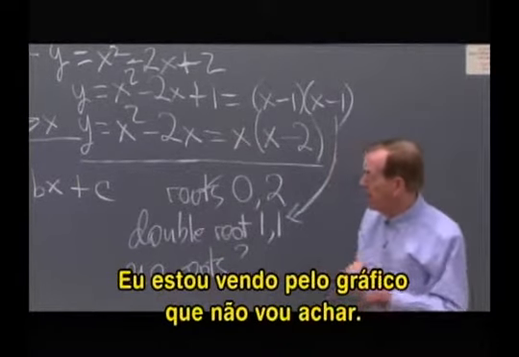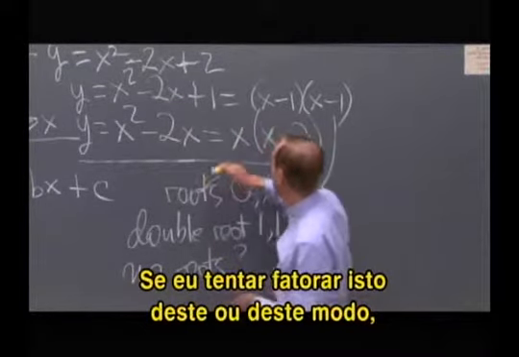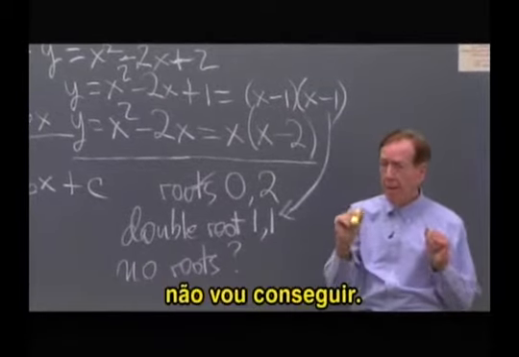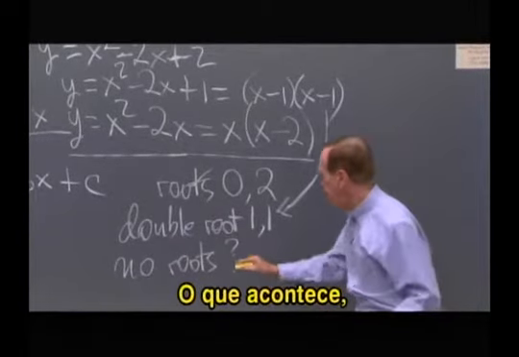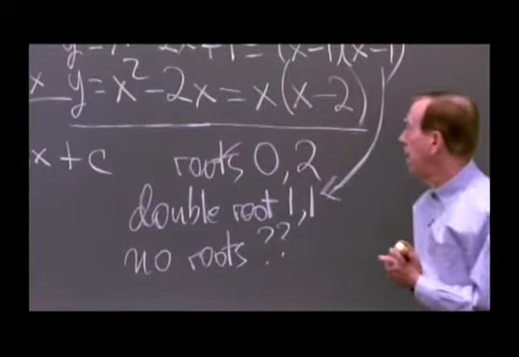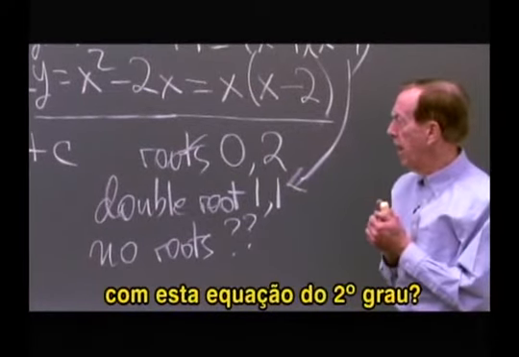Well, of course, I can see from the picture I'm not going to find them. If I try to factor this in this way or this way, I don't succeed. What's up with this case where the quadratic is up there?